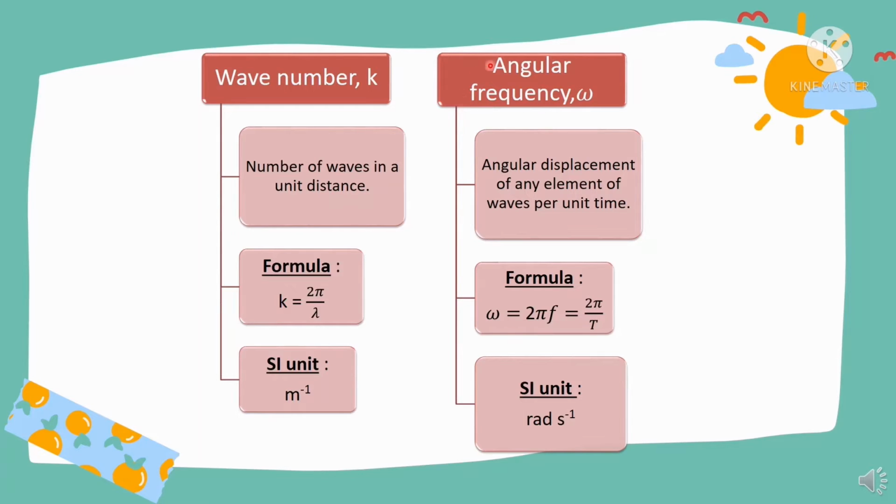For the angular frequency with the symbol of omega, it can be defined as angular displacement of any element of waves per unit time. The formula for angular frequency is omega equal to 2 pi small f equal to 2 pi over capital T. And the SI unit for angular frequency is rad per second.